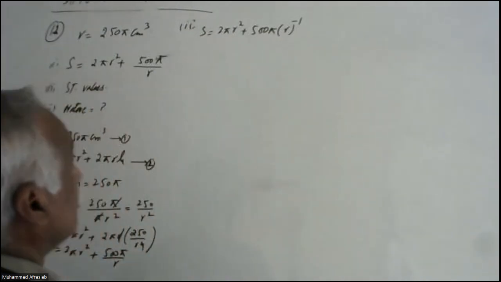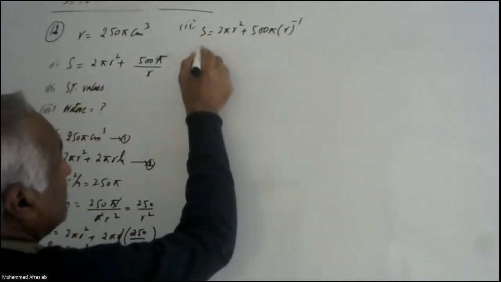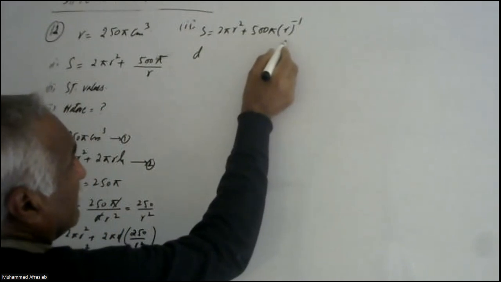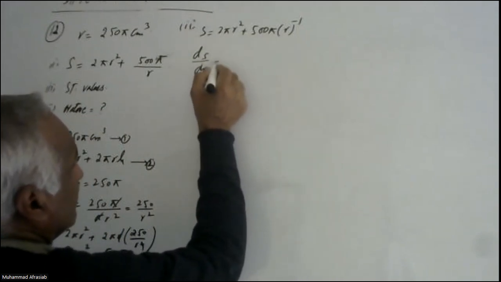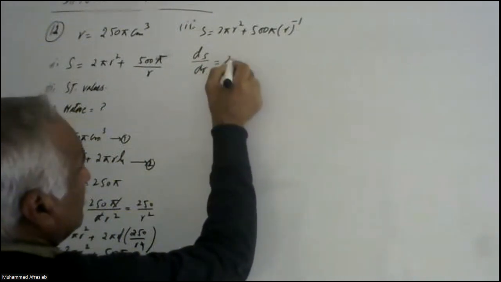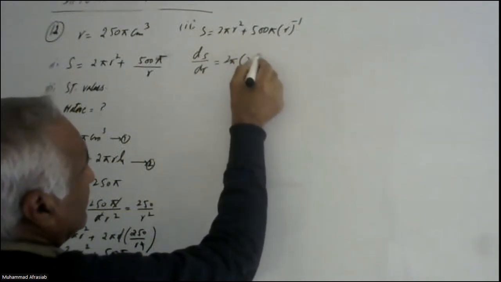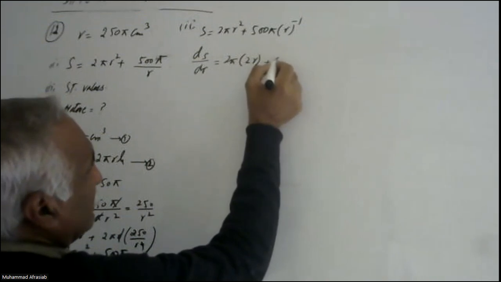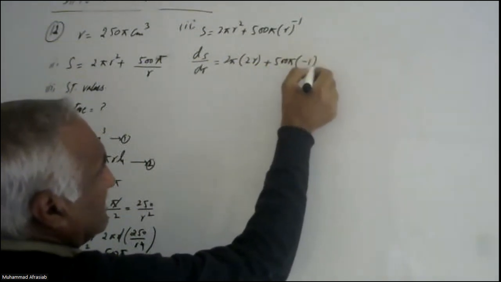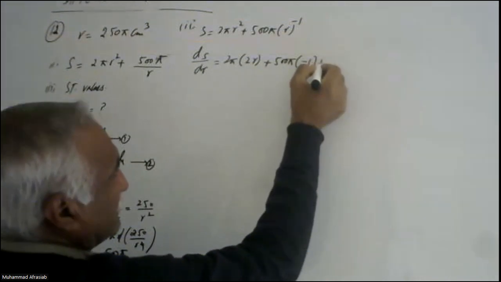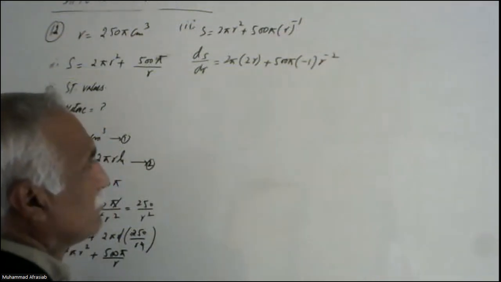So for stationary points, S is depending upon the r variable. So dS upon dr will be equal to 2 pi is constant, r square derivative is 2r, plus 500 pi is a constant and r power minus 1 derivative is r power minus 2.